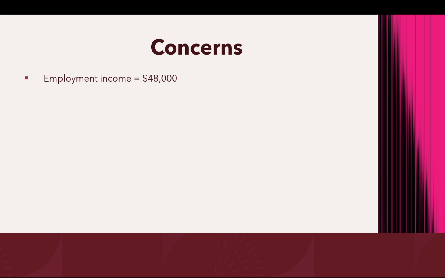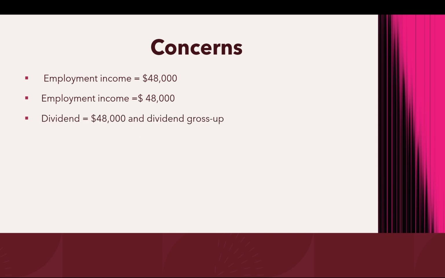So the concerns are employment income, and this is from the ABC Law Professional Corporation, and this is from the Rajali Law Professional Corporation. And this is the dividend, and the $48,000 is subject to dividend gross up. This gross up takes place based on the dividend paid other than the eligible dividend.